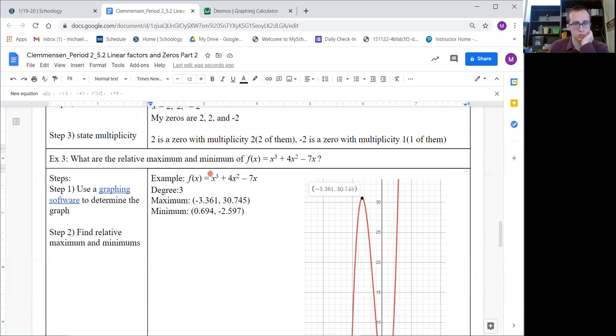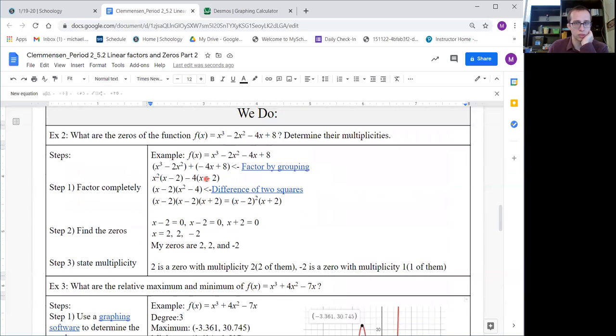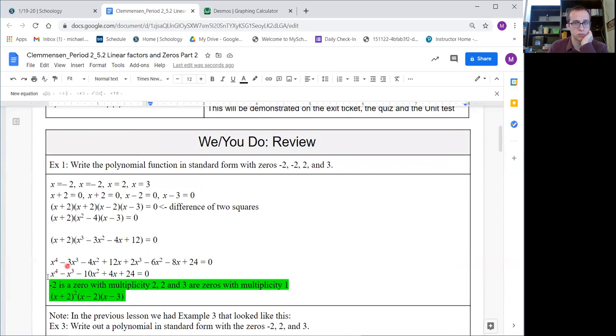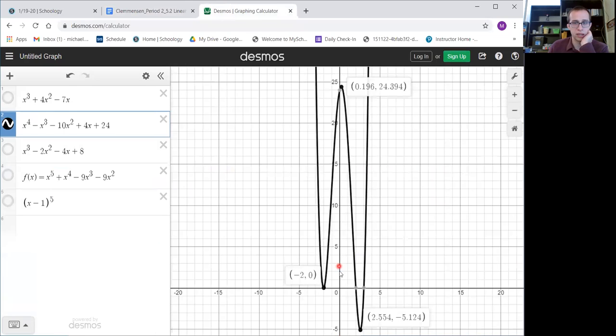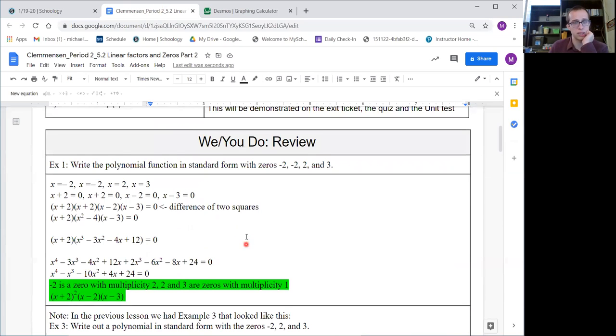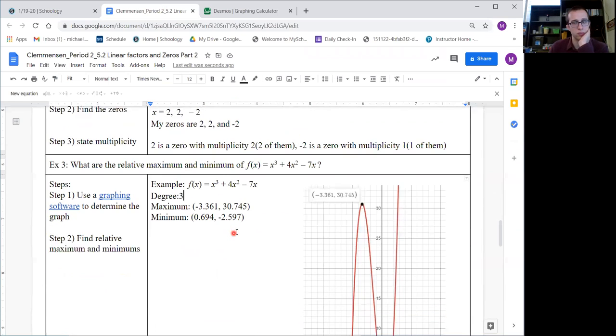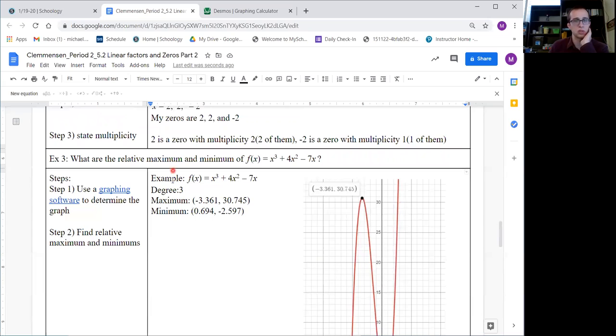If you have something else, like degree 4, like we had at the top, we can see that we have 2 mins and 1 max. So we have 1 less than what we had. All right, so now we have 3 right here. That's kind of a connection that we can make between a lot of these. The number of mountains and hills should be pretty close to that number right there. 1 less than your degree usually.